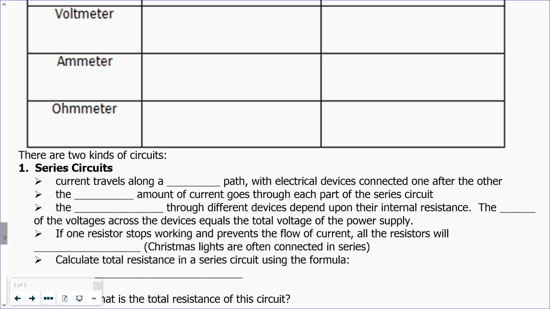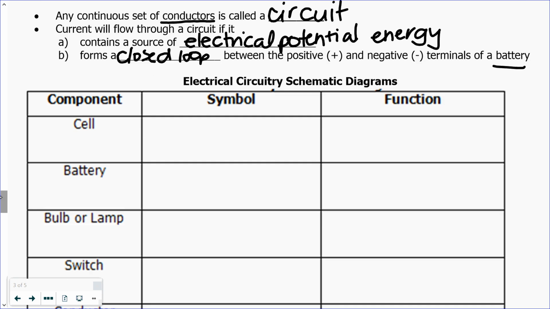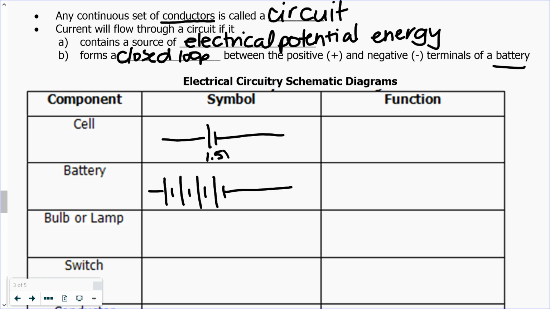Sorry, I just see that I wrote myself a note when we were talking about batteries on that last page. So you would have seen, for the first one, I had it as a 1.5 volt battery, or 1.5 volt cell, and then I had a 6 volt battery.